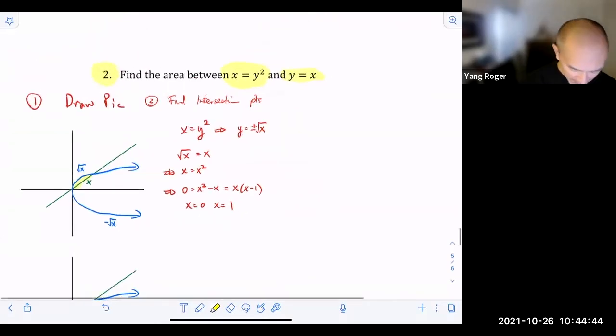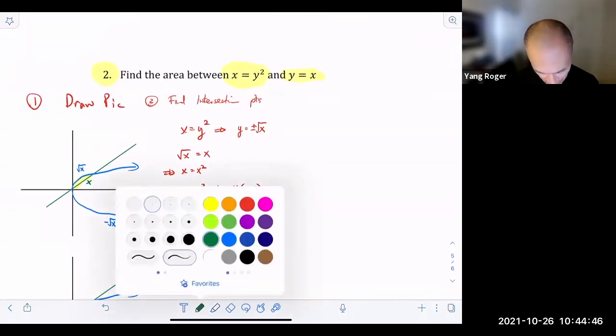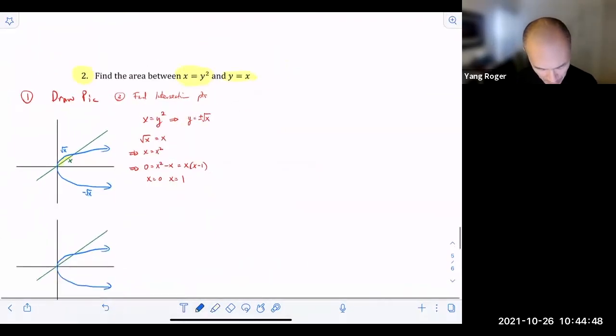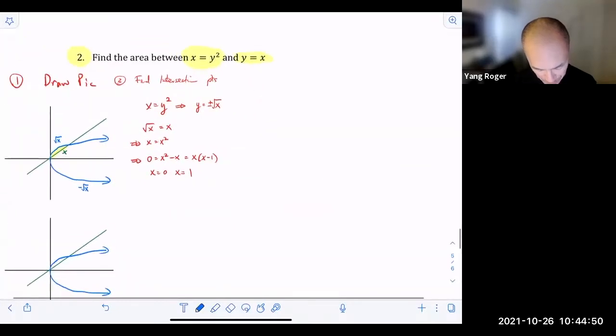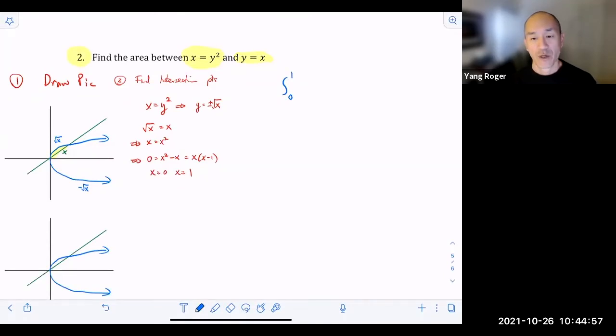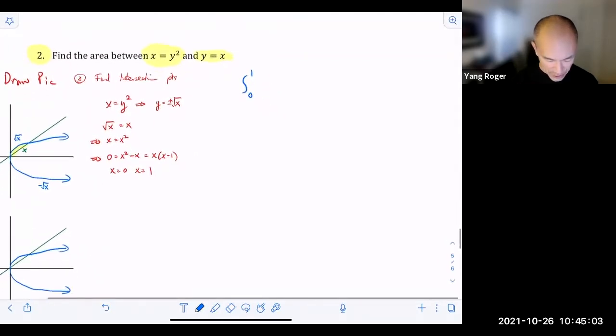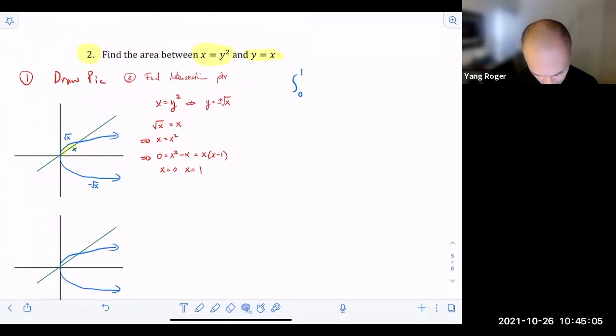So if you have that set up properly, then you can solve your integral. Our region of integration we just found was from 0 to 1. Actually, I plan to do this integral twice, so let me move this slightly. First we'll do it as a top bottom.